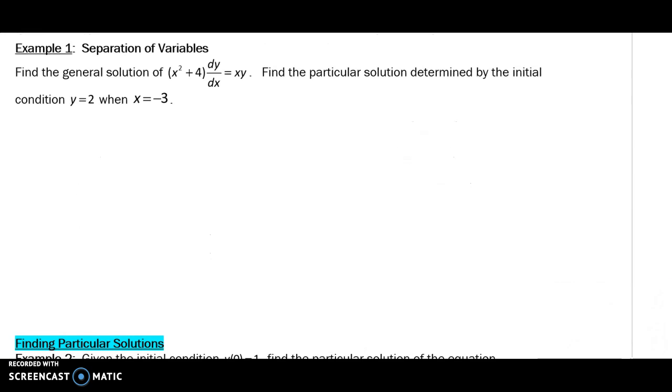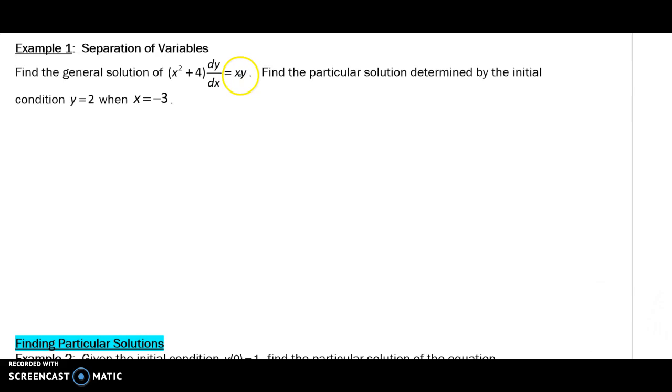Shoot. What we're doing in this problem is finding the general solution of this differential equation, and it's in terms of dy dx, and we always want the d whatever to be up in the numerator, so we're going to move all the y stuff to the left, all the x stuff to the right, so that dx will be in the numerator on the right, dy is already in the numerator on the left.